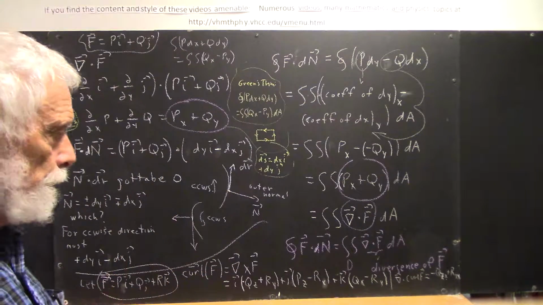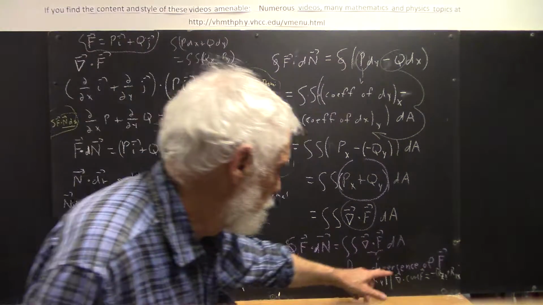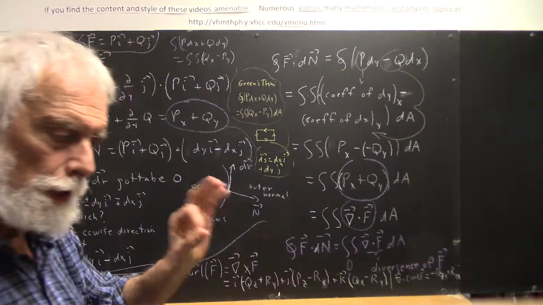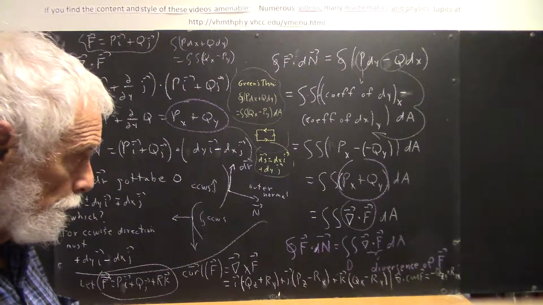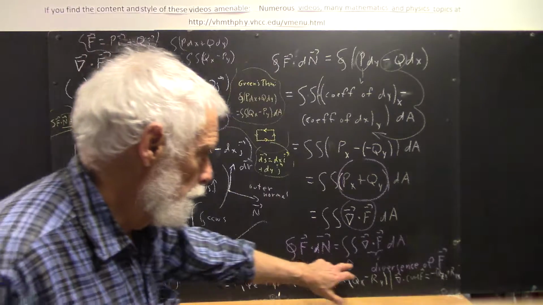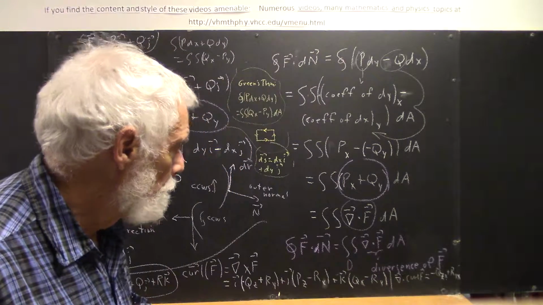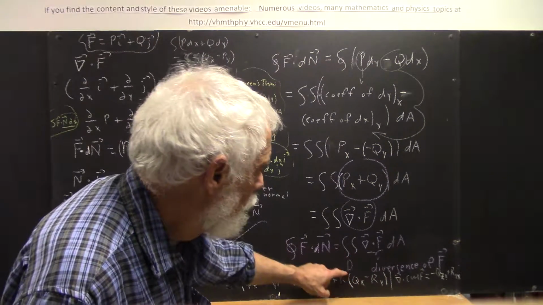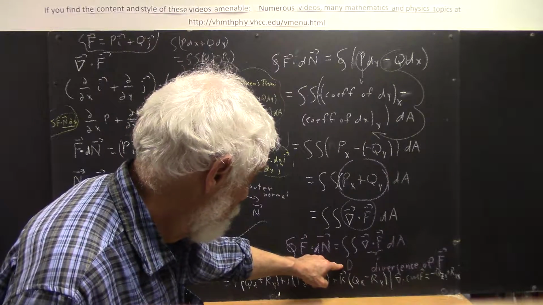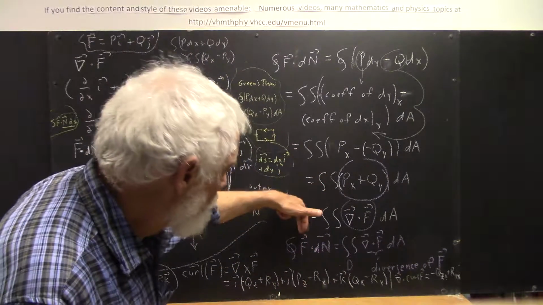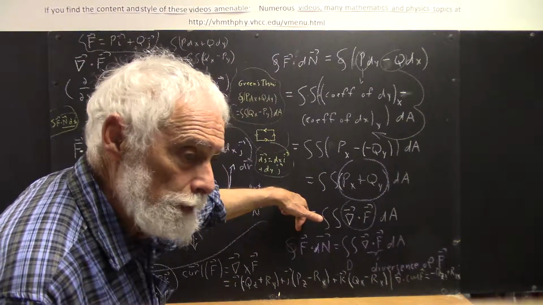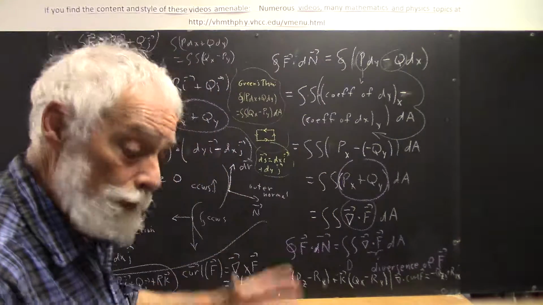This is one of the big theorems when we extend this to three dimensions. We're not going to actually prove the extension to three dimensions, but there's a three-dimensional analog of this. It has the same flavor. The integral of the divergence over this area here is equal to the flux of the function through the boundary.